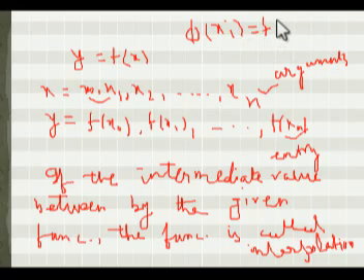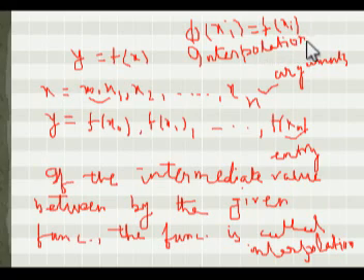This function phi(x) for the given data is called the interpolation formula. It can be formulated for finding any certain argument or intermediate argument.